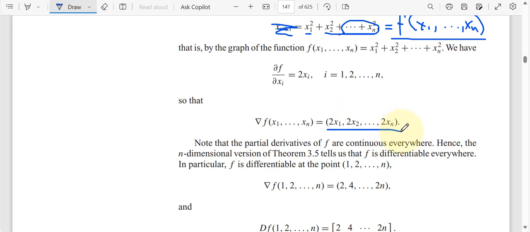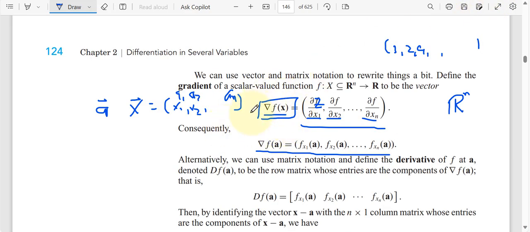So here it is, a vector of all the partial derivatives. Okay, and this is the notation for it. This is called the gradient of f, and this symbol is called nabla.